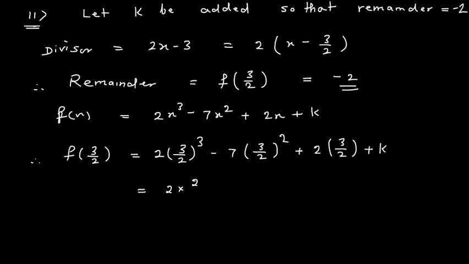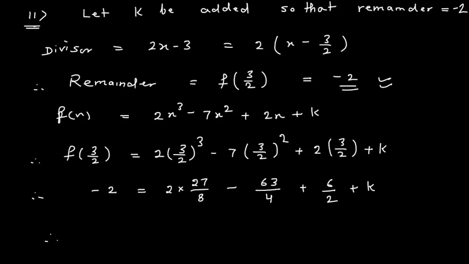So 2 into this is 27 divided by 8 minus 7 into 3 3s are 9, 9 7s are 63 divided by 4. Then here it is plus 3, 2 3s are 6, 6 upon 2, plus k. This is f of 3 by 2, and the value of f of 3 by 2 is minus 2. So therefore here in place of this I will put minus 2.